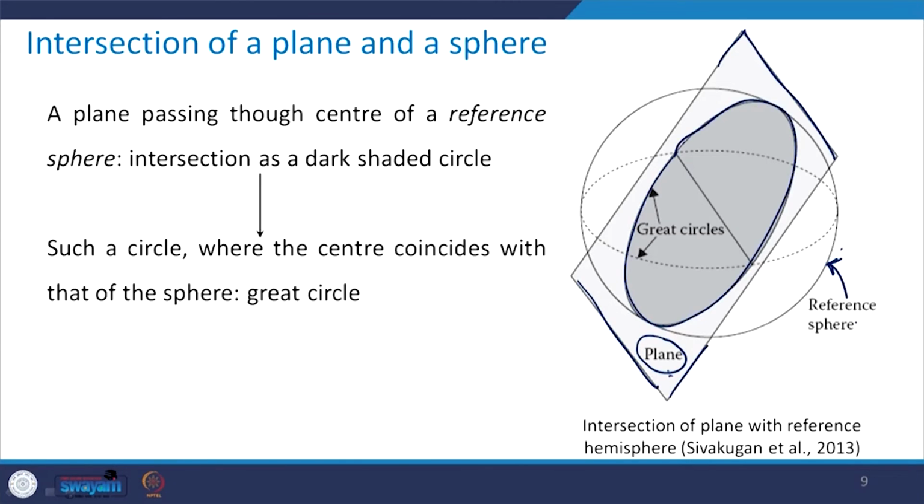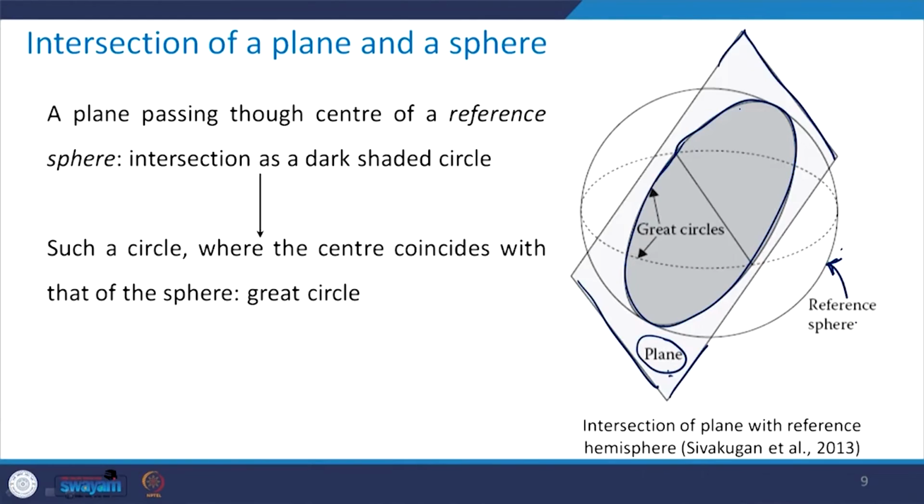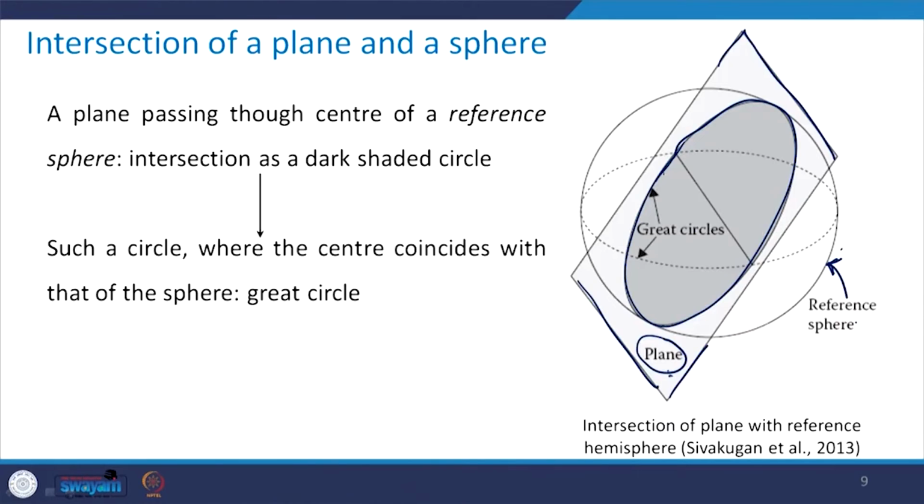We call this a great circle because it is the plane which is passing through the center, and any circle on this plane will also pass through the center of the reference sphere. So, this is going to be the intersection as a dark shaded circle. Such a circle, when the center coincides with that of the sphere, is called a great circle. So, this is one of the great circles.